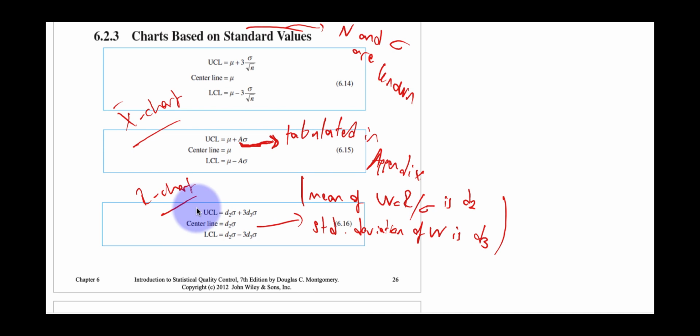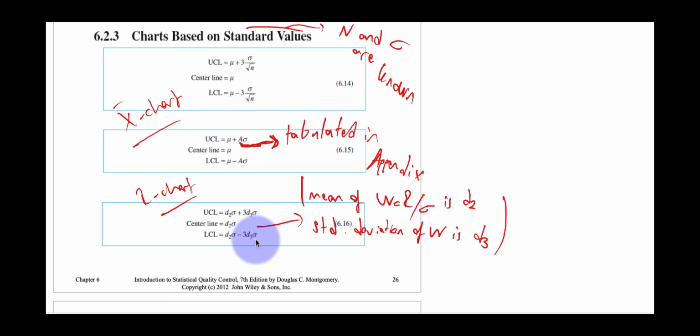About the R chart, we also use the relative range, and we know that the mean of the relative range is D2. That's why the center line is D2 multiplied by sigma, and we know what sigma is in this case. And for the control limits, we use the standard deviation of R, and we know it by multiplying with the standard deviation itself.